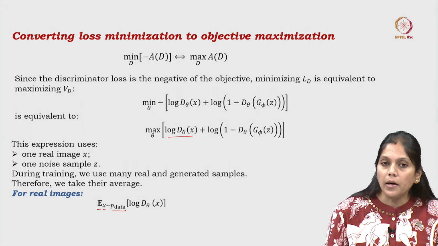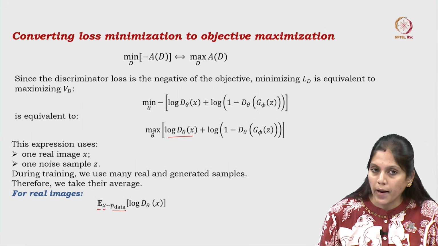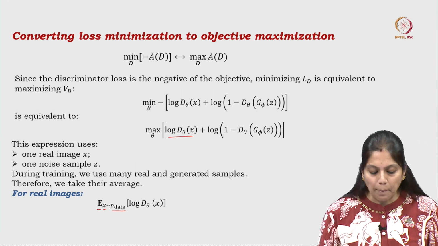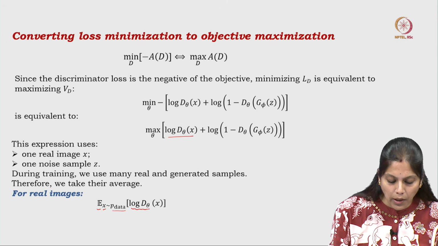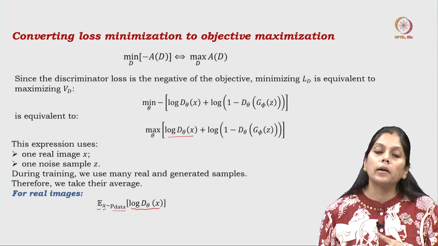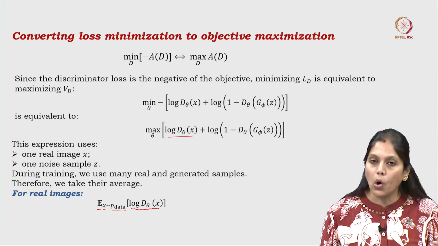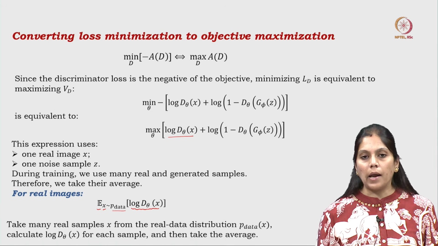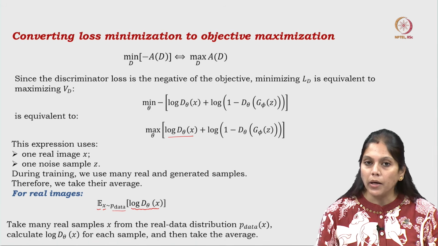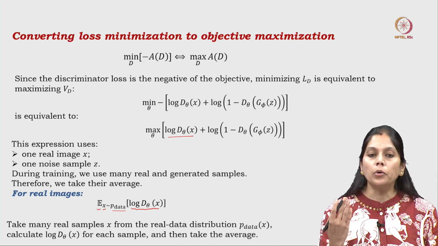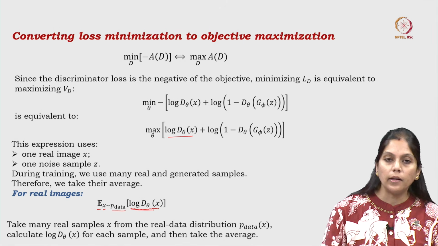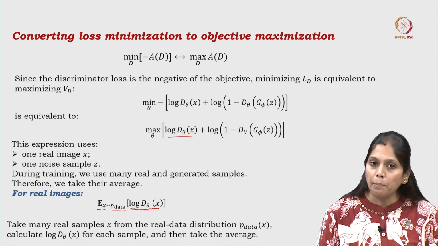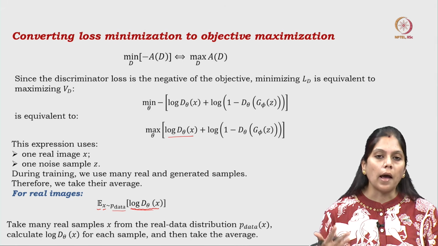From a real data distribution P data of x. For each sample we are computing this, and then we are taking the average of all of it. Take many samples x from a real data distribution P data of x, then compute this particular log D theta of x for each sample, and then take the average.